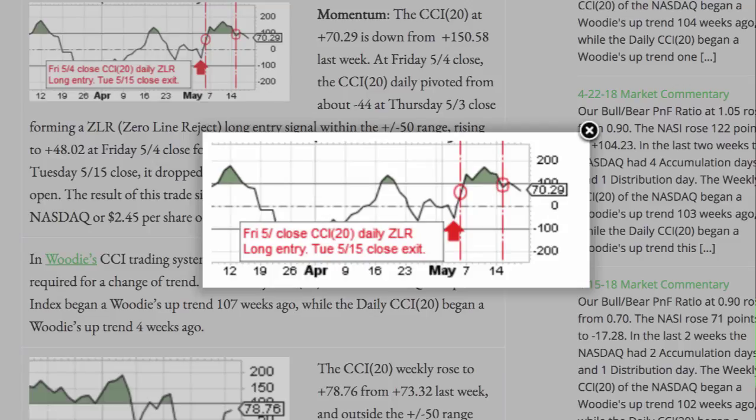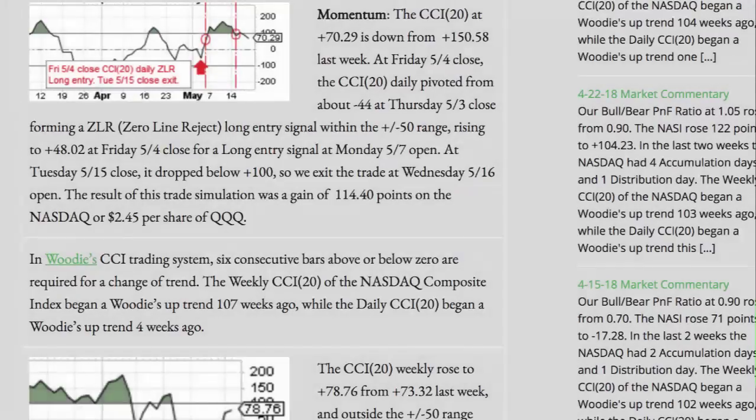Momentum. The CCI 20 daily, at a positive 70.29, is down from a positive 150.58 last week. At Friday 5-4 close, the CCI 20 daily pivoted from about negative 44 at Thursday 5-3 close, forming a zero-line reject long entry signal within the plus or minus 50 range, rising to a positive 48.02 at Friday 5-4 close for a long entry signal at Monday 5-7 open.